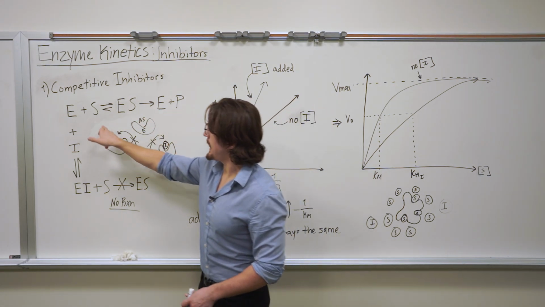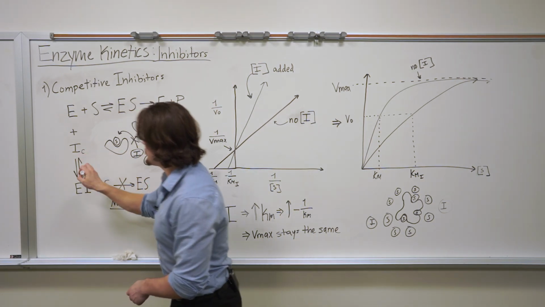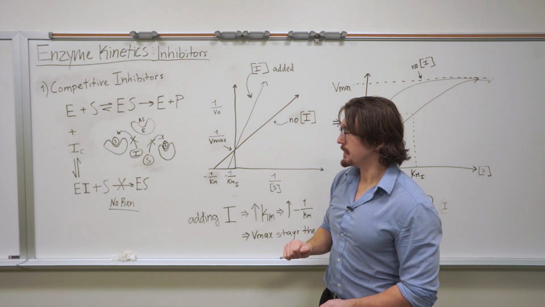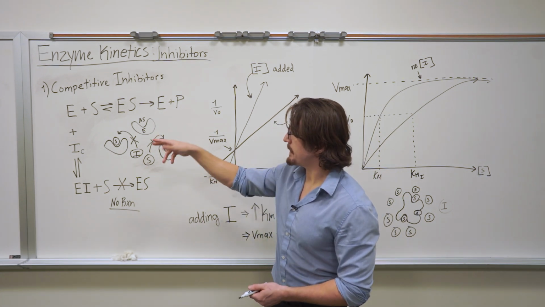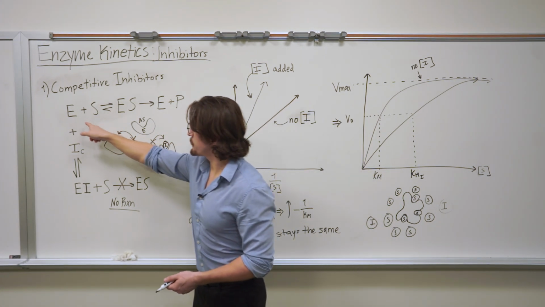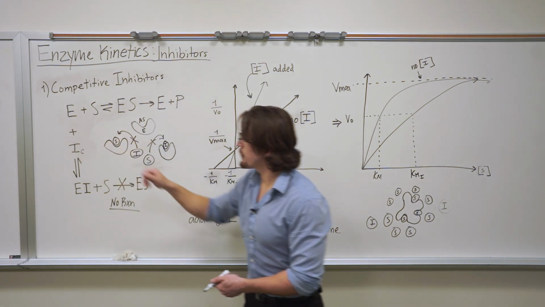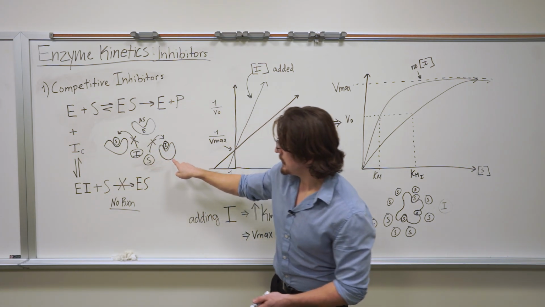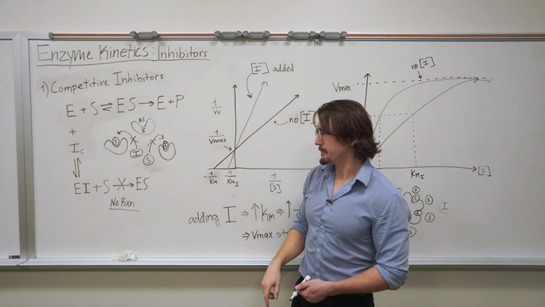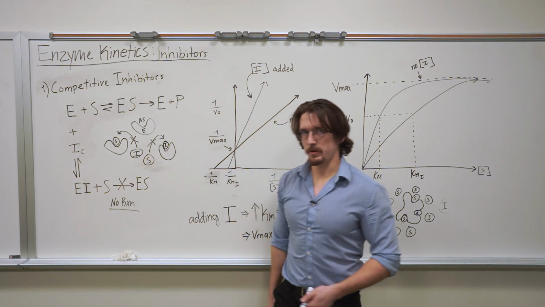But now we're also adding the situation of having a competitive inhibitor present. So in that case, we can actually have two different pathways. The one pathway is the one we discussed, and the other pathway is if this enzyme binds this competitive inhibitor. In other words, if that competitive inhibitor gets there first before the substrate, in which case it'll reversibly produce this enzyme inhibitor complex.